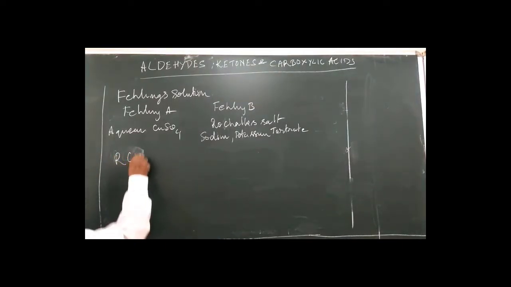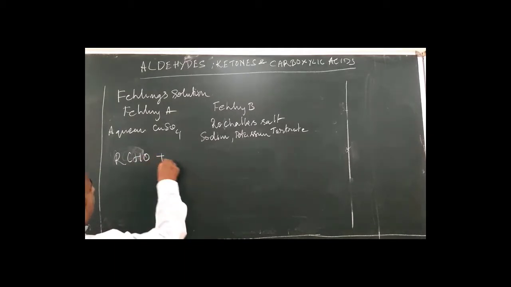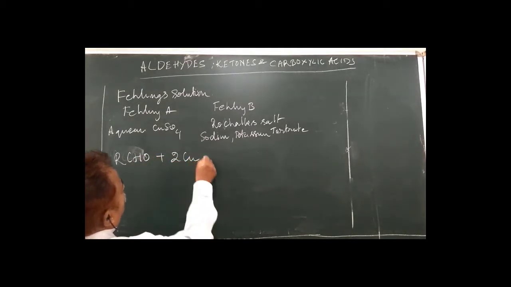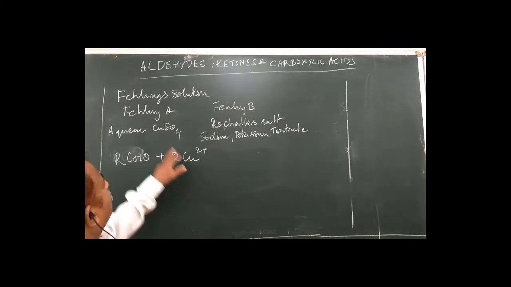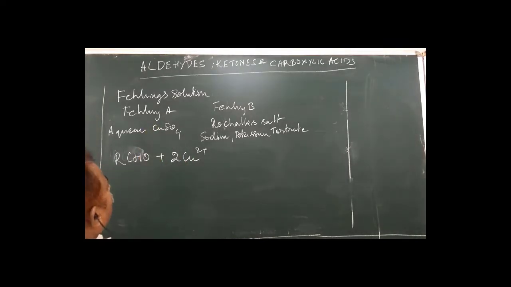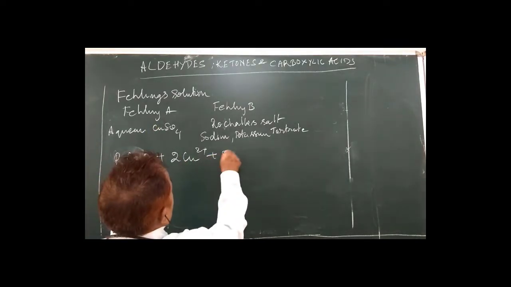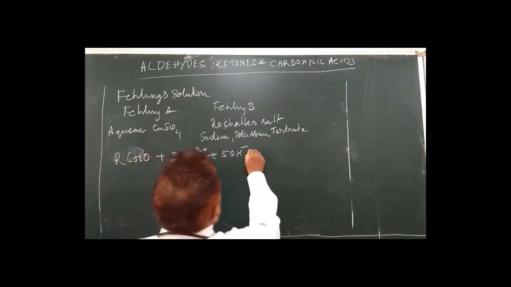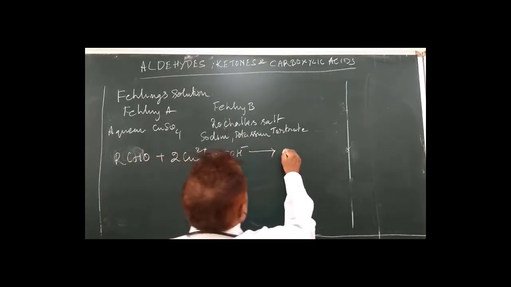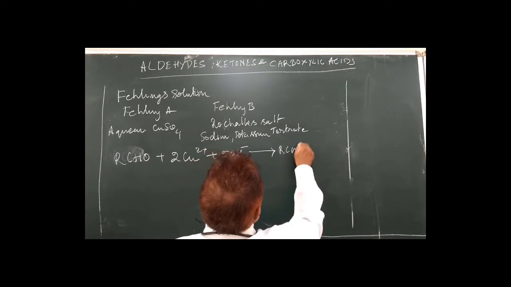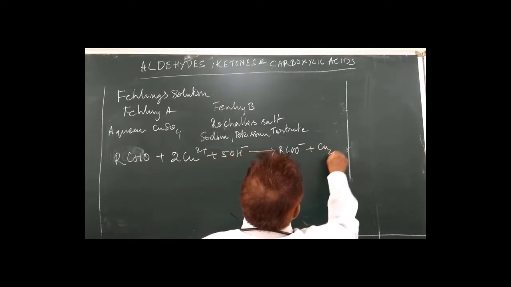Now let us see the reaction. RCHO plus Cu2+, and this Cu2+ is coming from copper sulfate, and 5OH, and we get RCOO minus plus Cu2O.